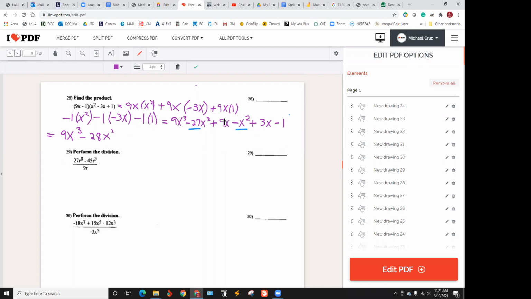And then these are alike, 9 and 3 positive, so that's 12 positive. And those are the ones that are alike. There's going to be 2 of them. And then you got -1. All done.